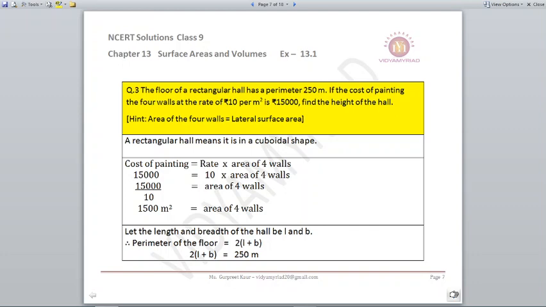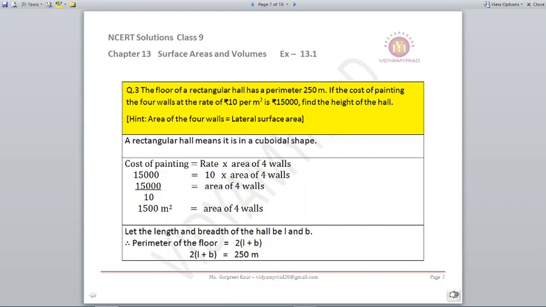We know that cost of painting will be equal to the rate multiplied by the area of the 4 walls, or the CSA. Okay, cost of painting is given to you as 15,000, rate is given to you as 10 rupees, and the area of the 4 walls we will find out from here, or we call it LSA or CSA. You can even write that. It comes to 1500 meter square. So LSA is told to you, or the area of 4 walls is given to you as 1500 meter square.